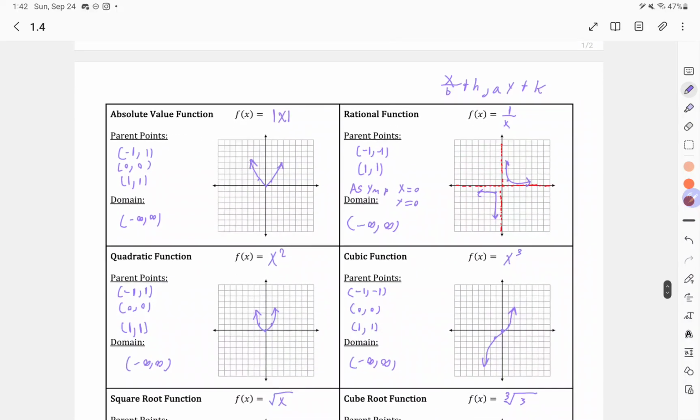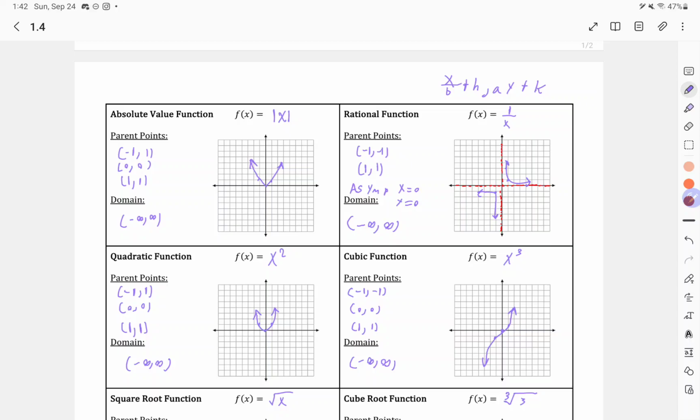Absolute value functions are a V-shape, and their parent function is f of x equals the absolute value of x. And whatever is a product of absolute value is positive, always. So their parent points are (-1, 1), (0, 0), and (1, 1). And their domain is -infinity, +infinity.